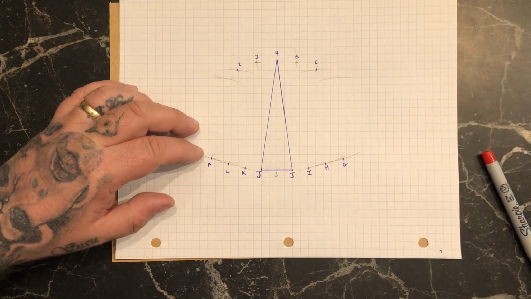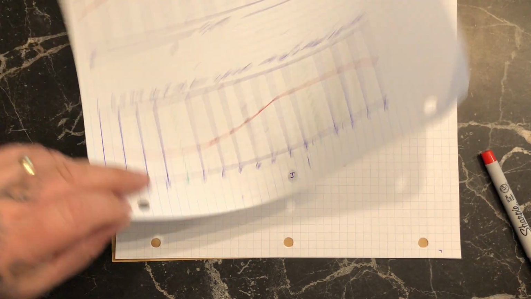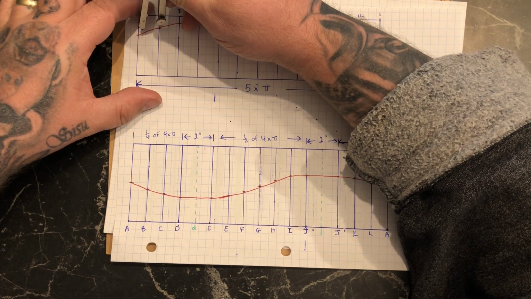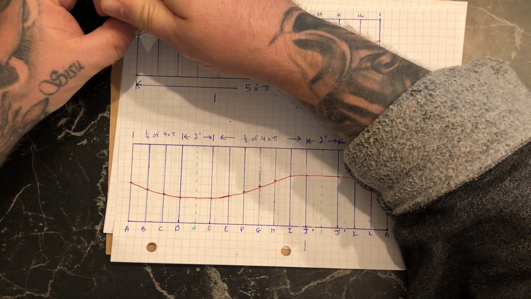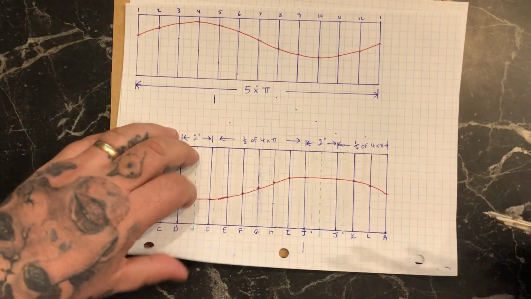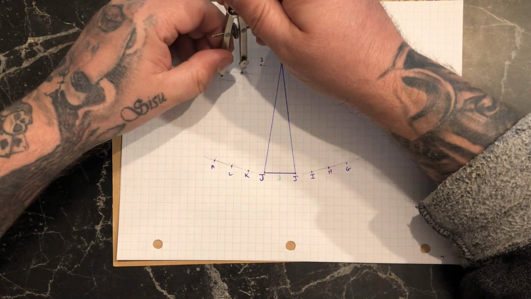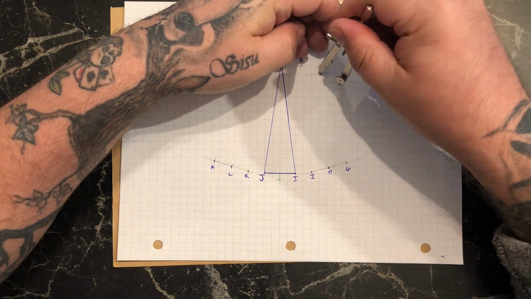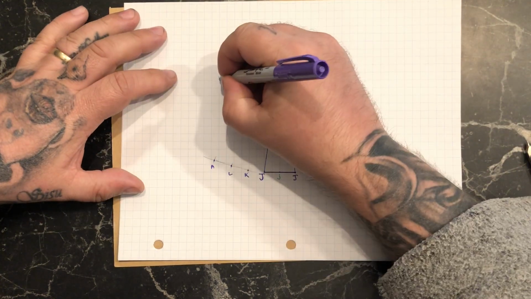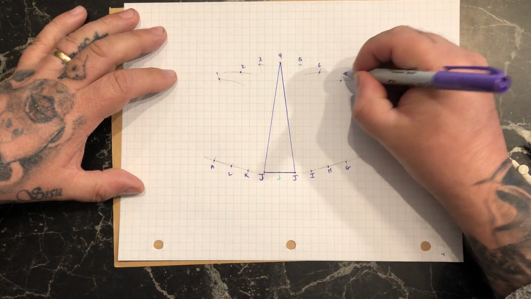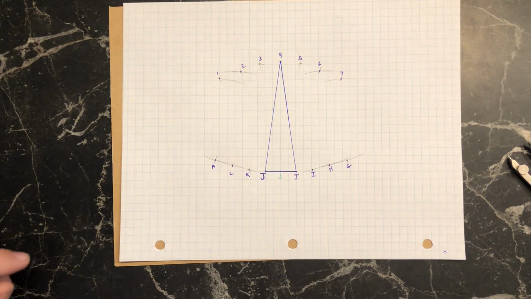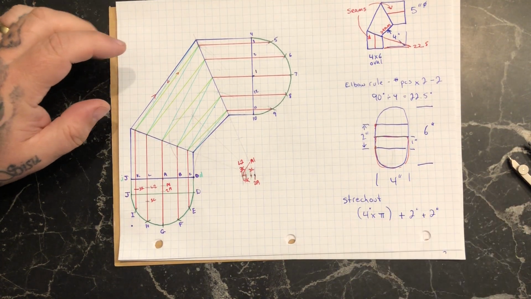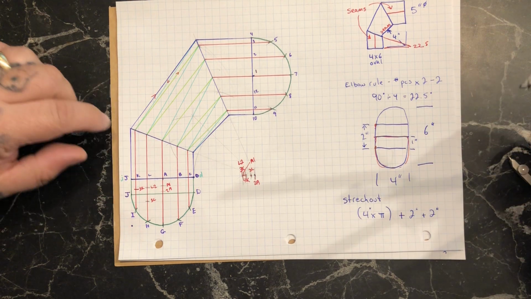Do the same on this side. And 2 to 1. Right there. And 7.